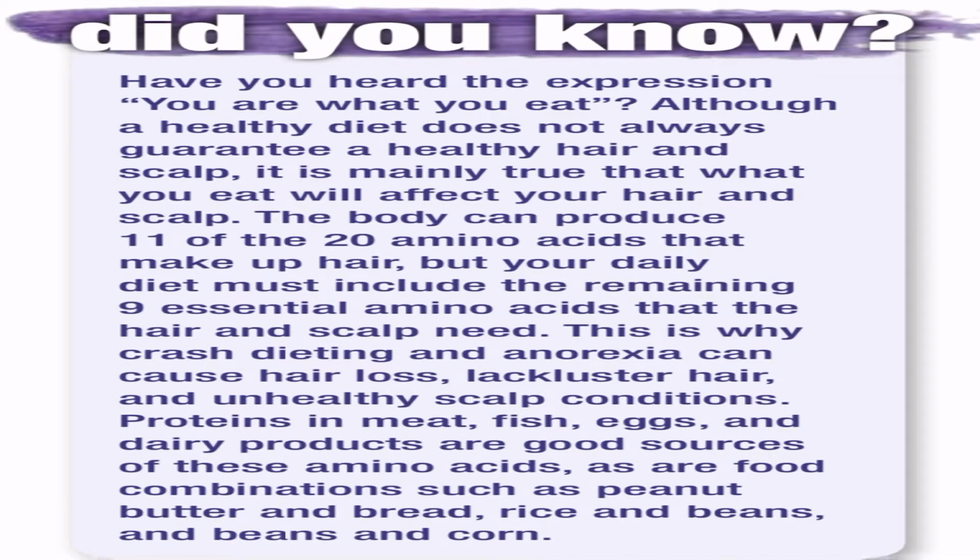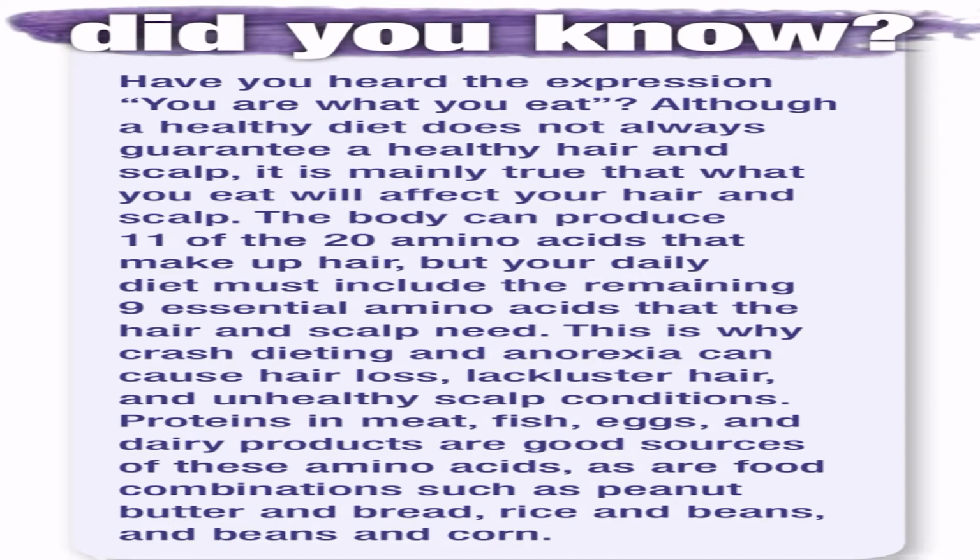Have you heard the expression, you are what you eat? Although a healthy diet does not always guarantee a healthy hair and scalp, it is mainly true that what you eat will affect your hair and scalp. The body can produce 11 of the 20 amino acids that make up the hair, but your daily diet must include the remaining 9 essential amino acids that the hair and scalp need.